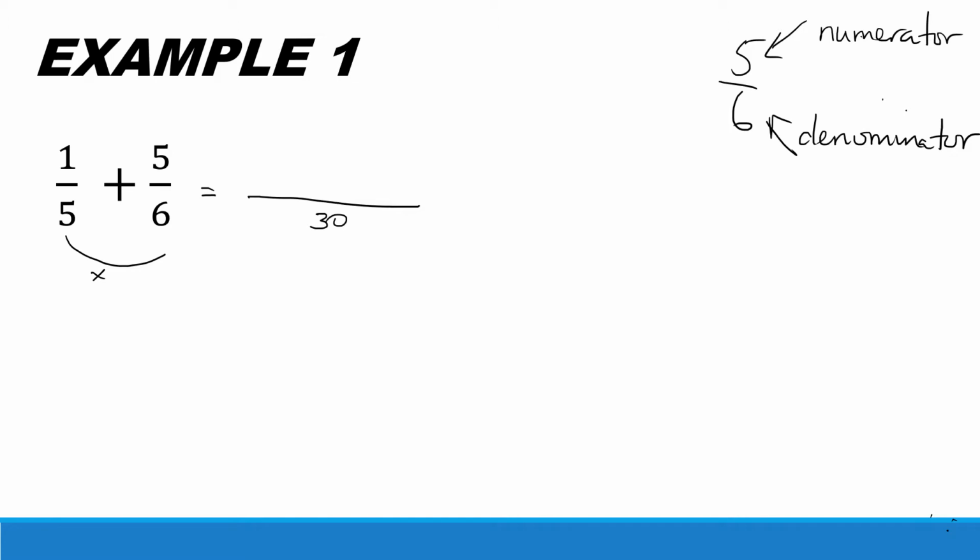Now there's a method of working out the LCM, and you would have seen this in one of my previous videos, where you divide 5 and 6 only by prime numbers. So let's list the first 5 prime numbers: 2, 3, 5, 7, and 11.